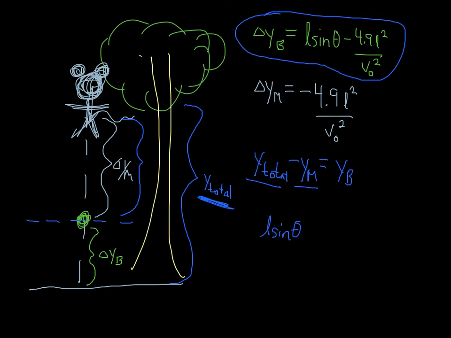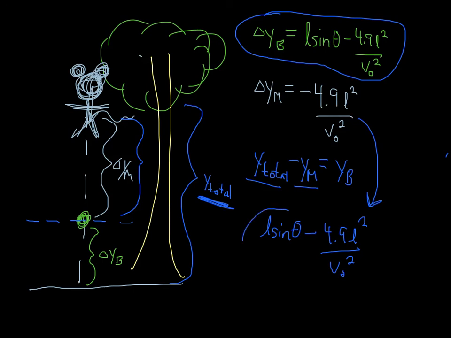So you can just rewind the video a little bit if you don't recall, or if you think I'm lying for some reason. So you have Y total is L sine theta minus Y monkey, which is 4.9 times L squared over V0 squared. So that's my Y monkey plugging in right there.